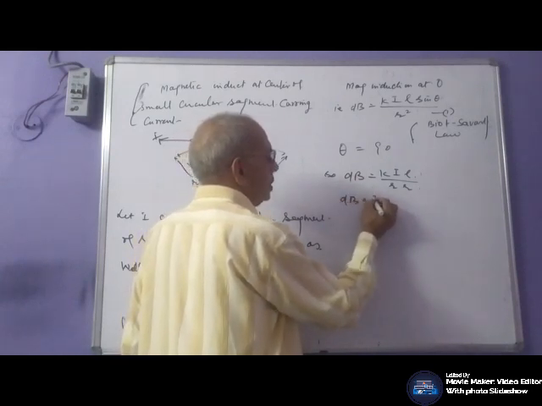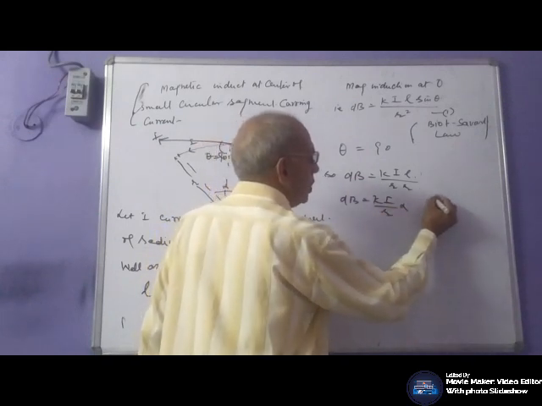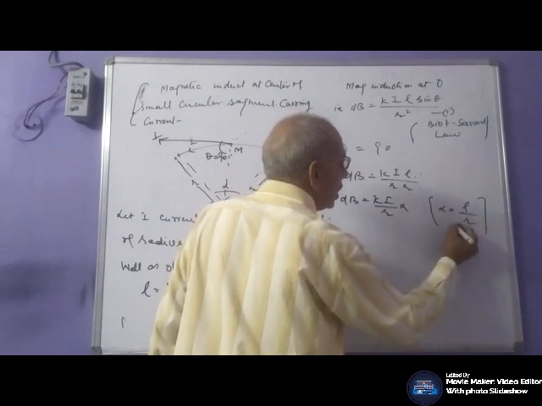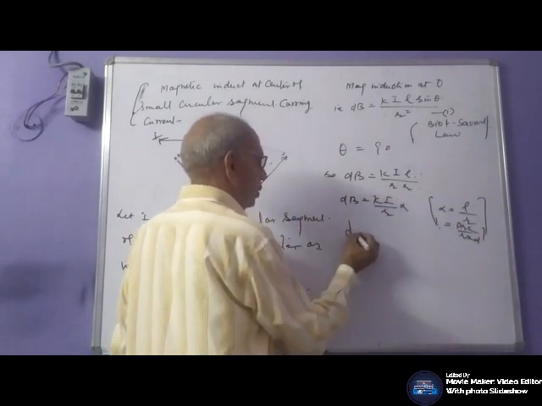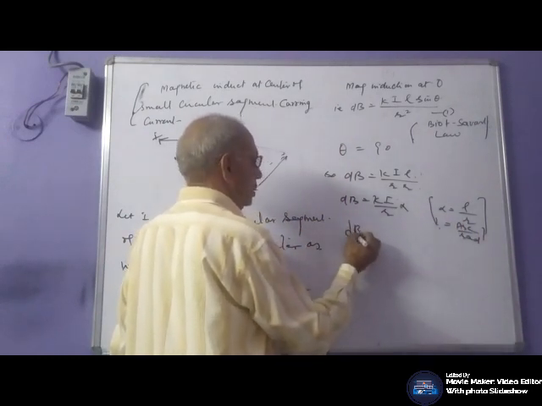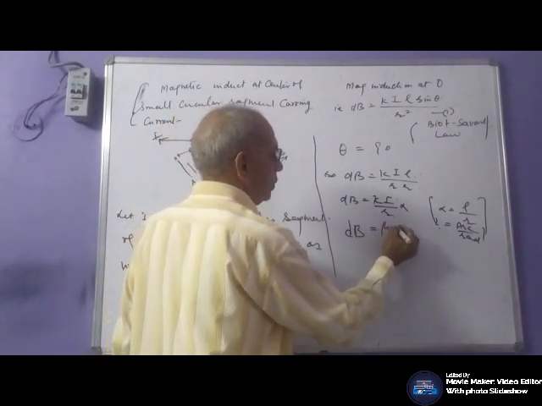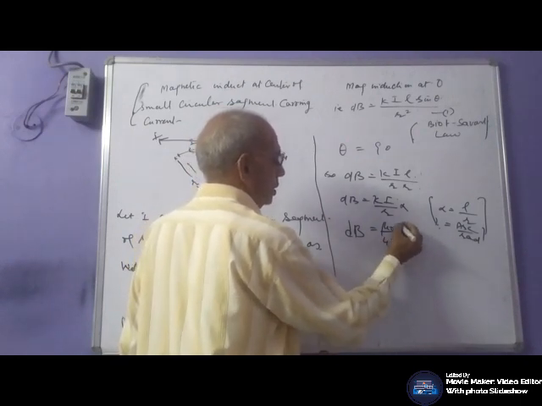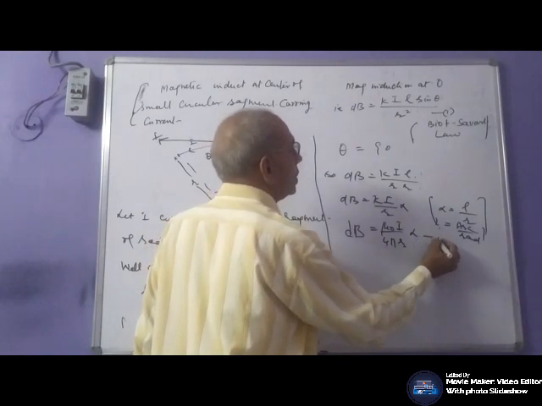So dB is k I R alpha by R square, arc upon radius, or dB is mu naught by 4 pi R, I into alpha.